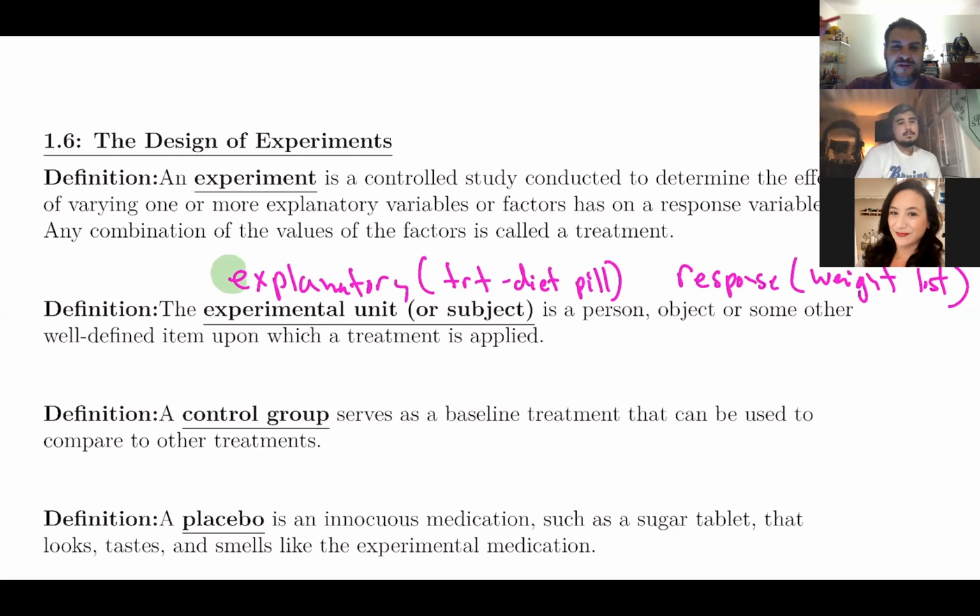If the control group lost 10 pounds and the treatment group lost 11 pounds, it's pretty much the same. So it's telling me they could have lost all of this weight just by working out and eating healthy. That's why you always want a control group. You have to have a baseline of how the treatment should work, and then you see if the treatment is actually working. Any question in regard to control group?